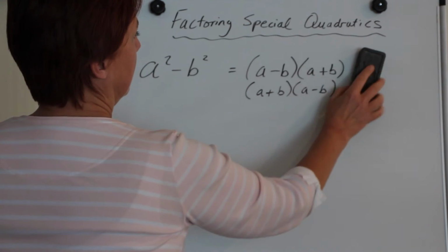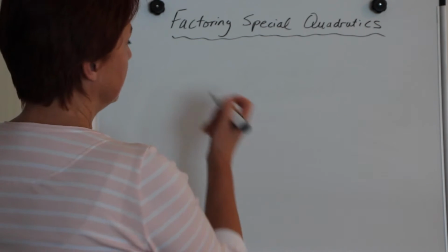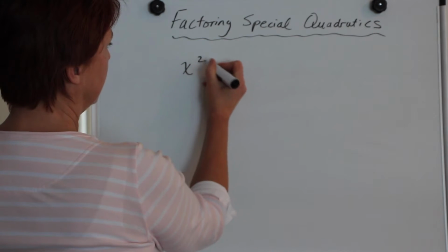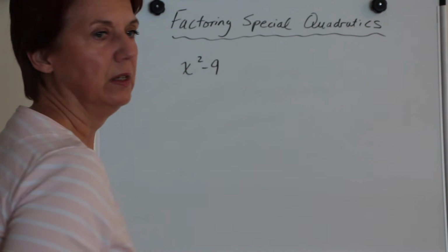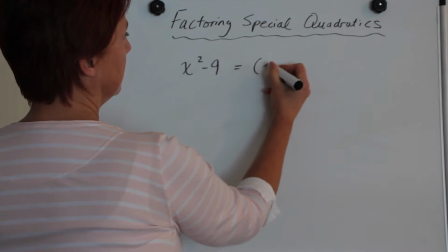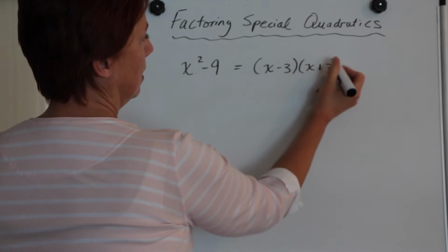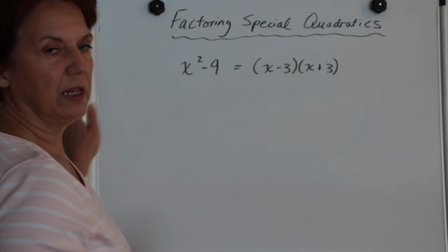Now let's see why that should be the way that it is. So let's take x squared minus 9. Okay, this is a perfect example of difference of squares. This factors into (x minus 3)(x plus 3). Notice there's no middle term.